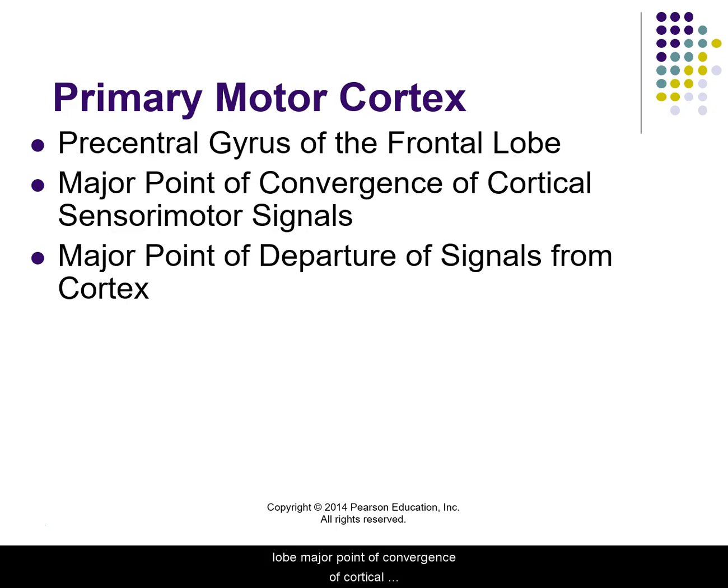It is a major point of convergence of cortical sensory motor signals, which means that pain reception comes up to the somatosensory cortex, and then it's sent over to the motor cortex to move your foot away from that source of pain. It is also a major point of departure of signals from the cortex.